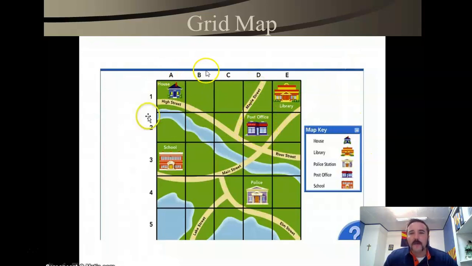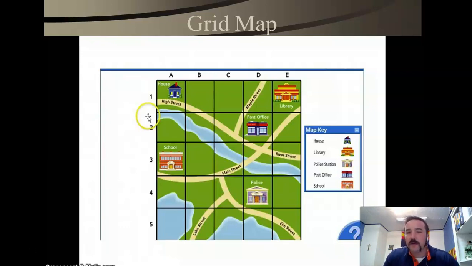If you can remember, it's in column D. And if you look here, it's in row 2. So instead of saying column D, row 2, you simply say the post office is in D2. If you put your finger here, and you put another finger here, where you meet is right there in the post office, D2, right?